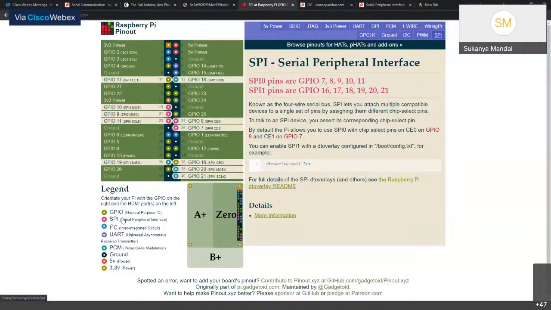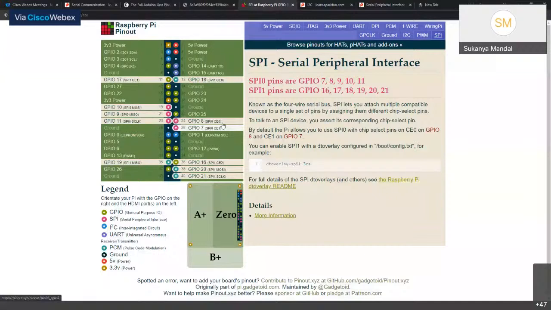On the left hand side, you have pin 11, 19, 21, 23, and 35 acting as the SPI pins. You see there's MOSI, MISO, serial clock, MISO, then again here MOSI, and then serial clock. So 2 of each.